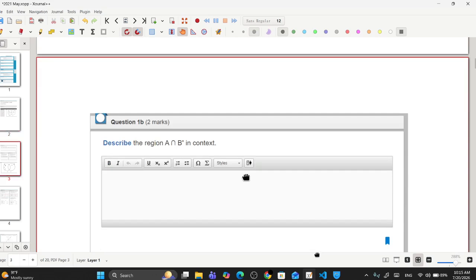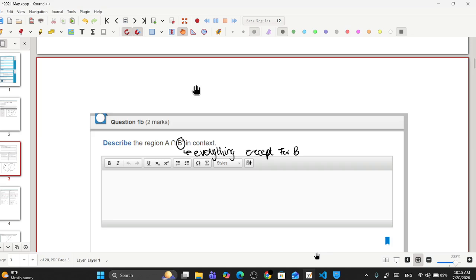Describe the region A intersection B complementary. So wherever it says B complementary, it means everything except for B. Right?